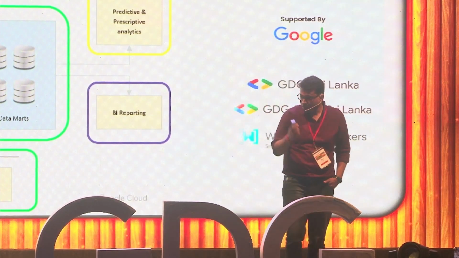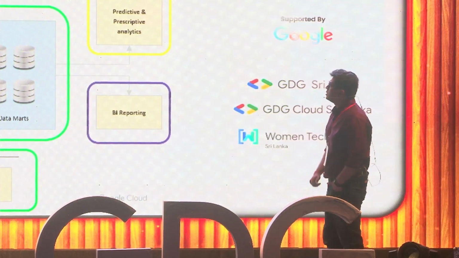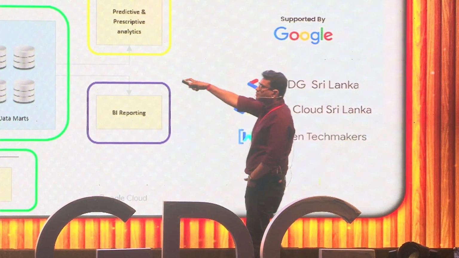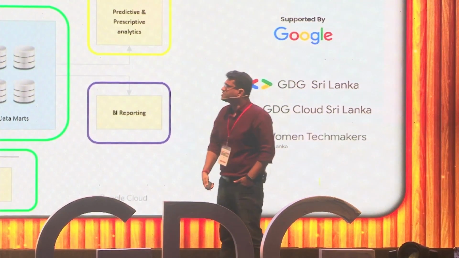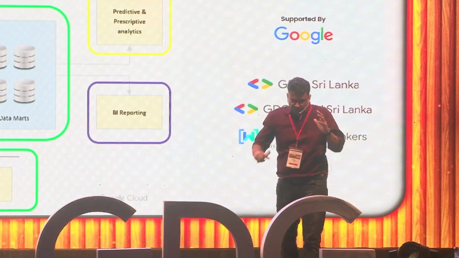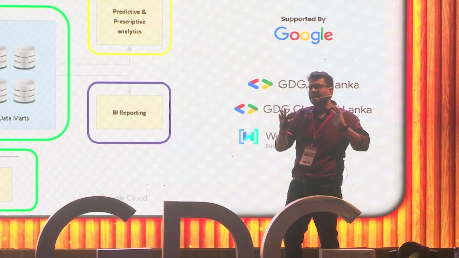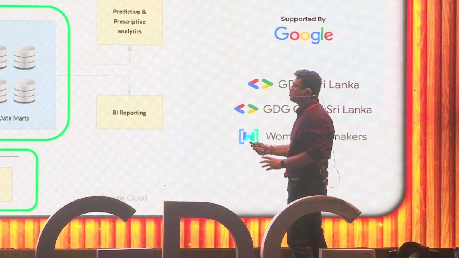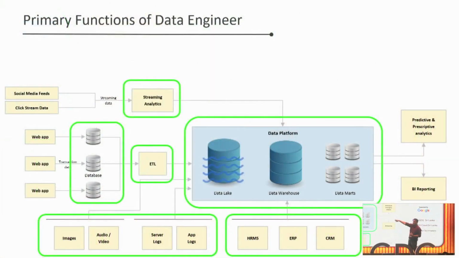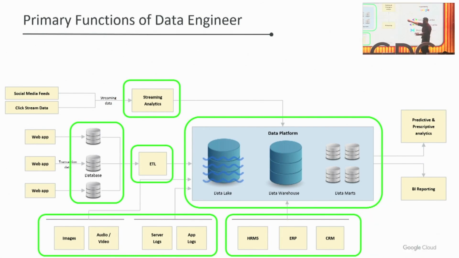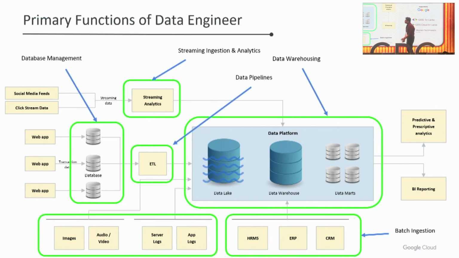Okay, moving on. Now that we have categorized each of these functions, let's talk about only the tasks that are handled by the data engineer. What are they called in this industry? The green boxes that I marked were the data engineer's job, but let's name each of them. The database part that you see is called database management, okay?